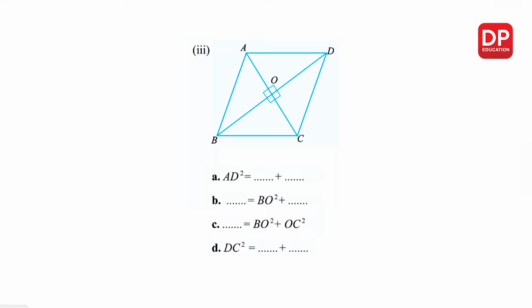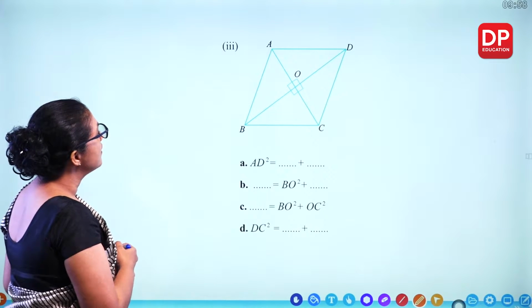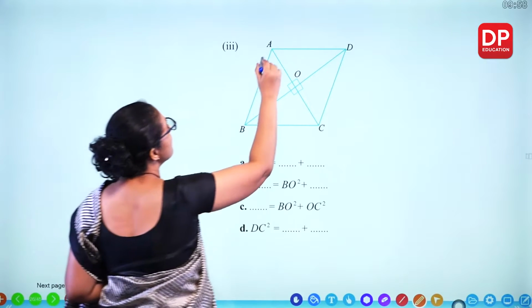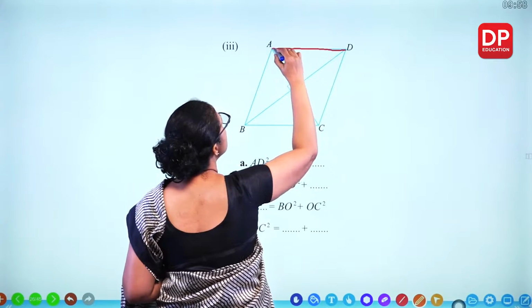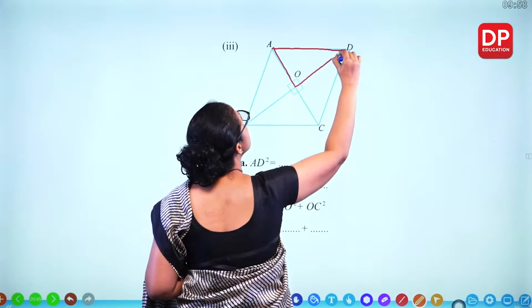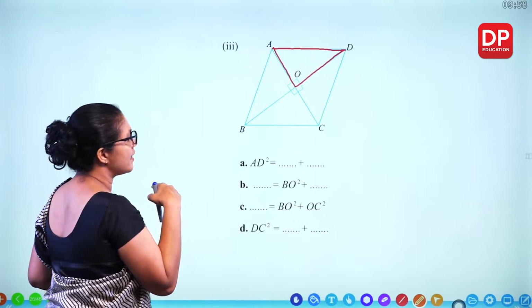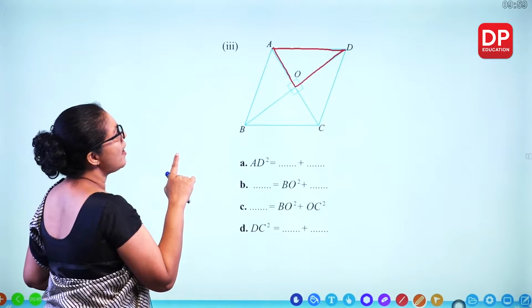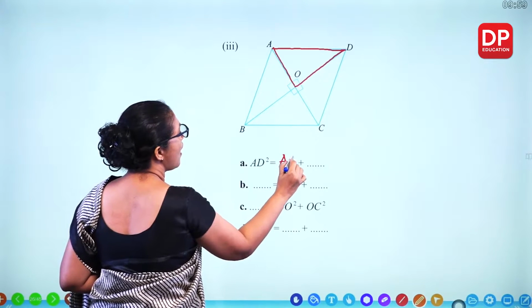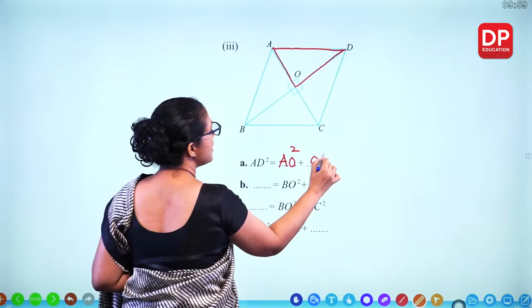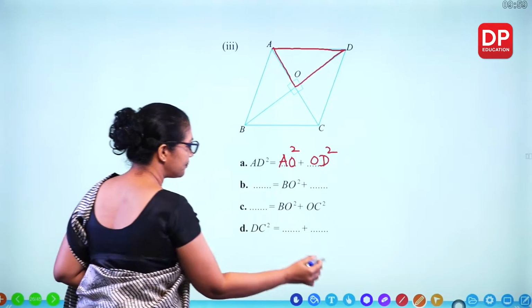This one, AD squared. Where's AD? This one. So this is the hypotenuse of this triangle, AOD triangle. So what is AD squared? AO squared plus OD squared.